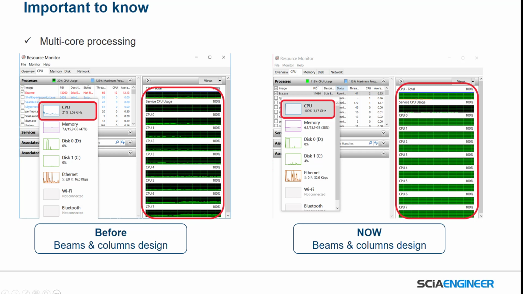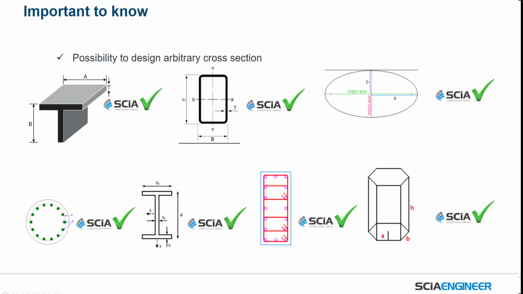Here I'm making a comparison for the same model between the old concrete and the new concrete, and you can see with the old concrete SCIA used only 20% of the CPU. With the new concrete we are using 100% of the CPU. So the more powerful your laptop, the faster your calculation will be. But in the past, even if your laptop was powerful, that would not influence the calculation of SCIA Engineer.